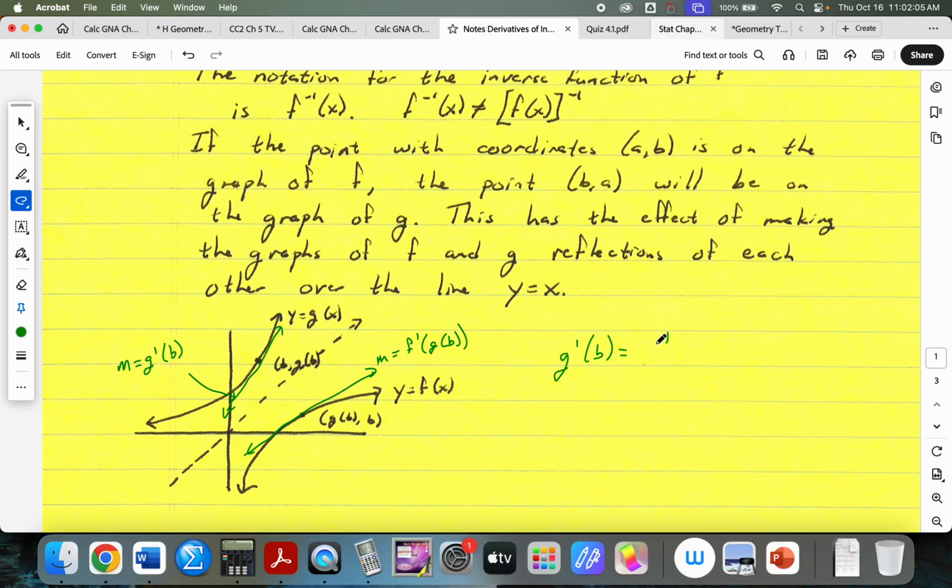That is 1 over f prime of g of b. Because the slope of this line is the change in y over the change in x, if I flip it over, that's the change in x over the change in y, which is the same as this slope. Like if this slope was 4/3, this slope would be 3/4. They'd be reciprocals of one another.